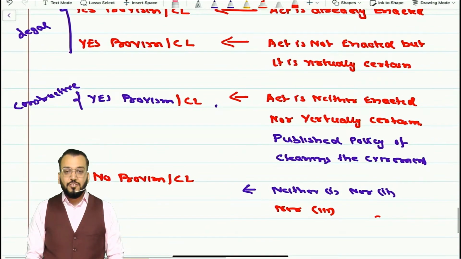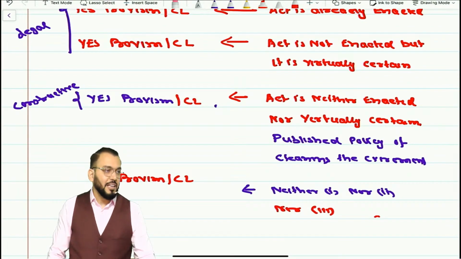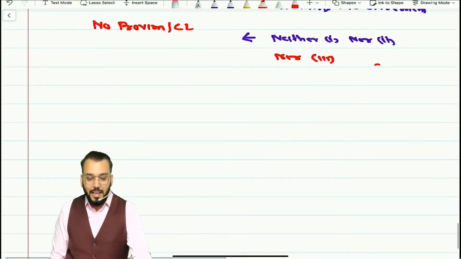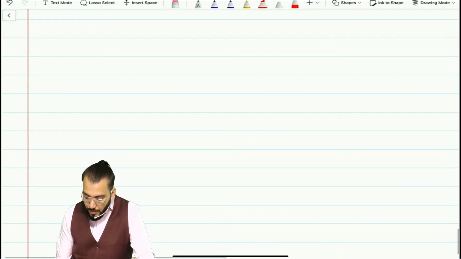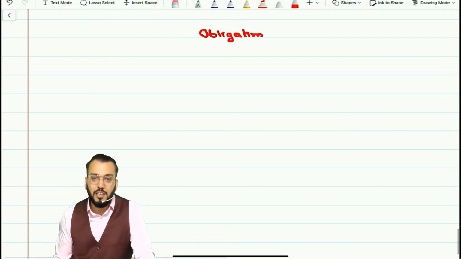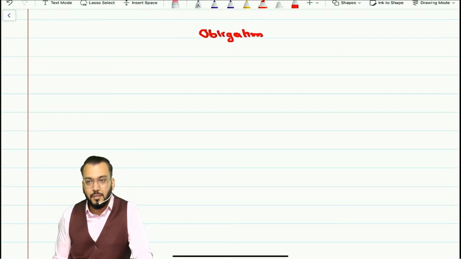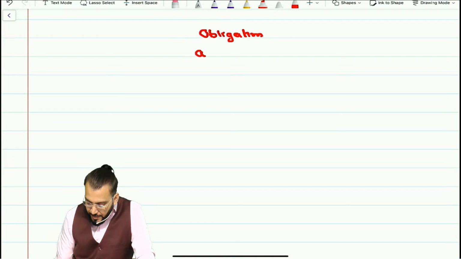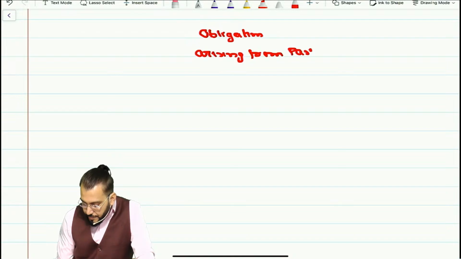If you have understood this, then we'll come to contingent liability. Right now we have discussed obligation. One thing we have understood is that there must be an obligation arising from a past event.